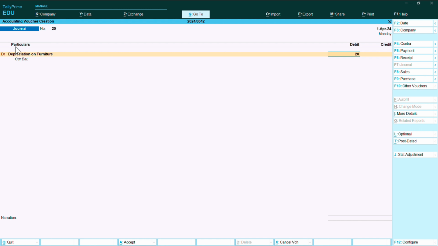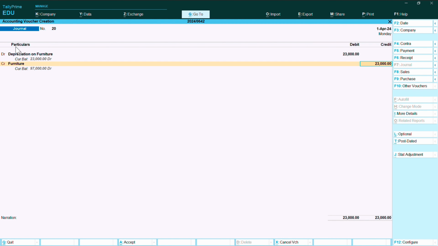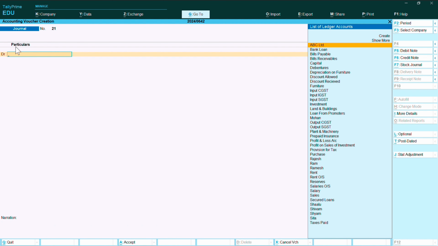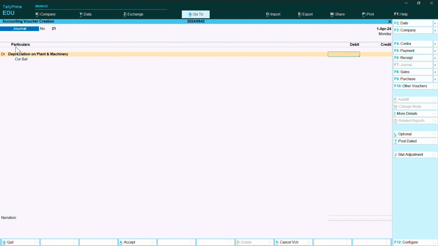Here I entered 20,000 rupees by mistake. The actual amount is 24,000 rupees as depreciation. Here for the depreciation on plant and machinery, we must include 7,000 rupees plus 23,000 rupees. 7,000 rupees for the machinery which we purchased on 1st April.